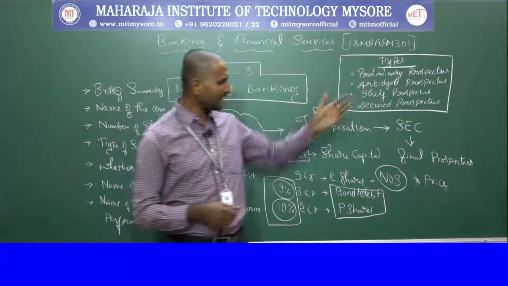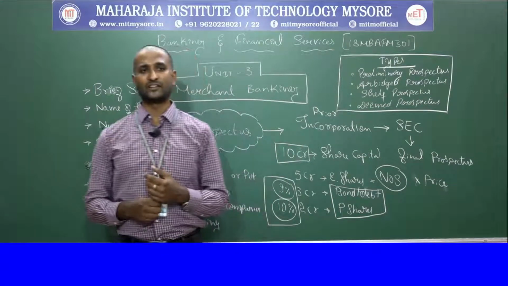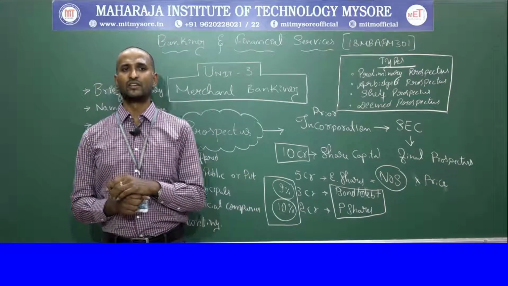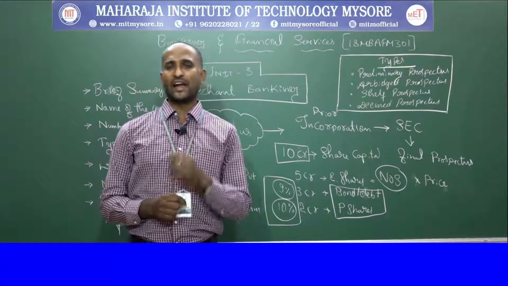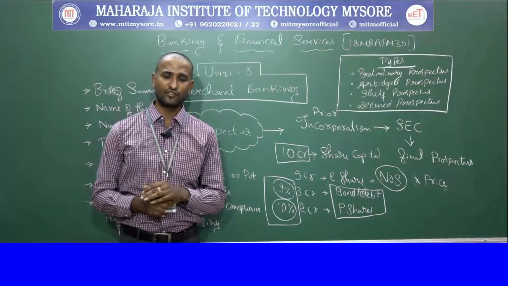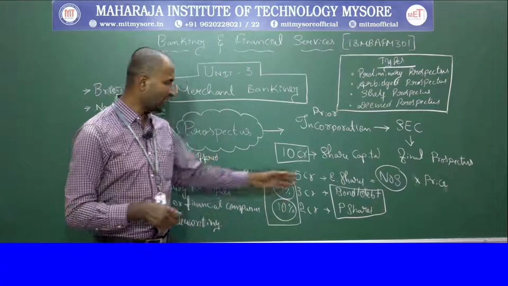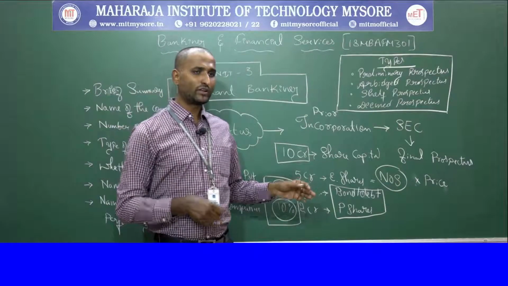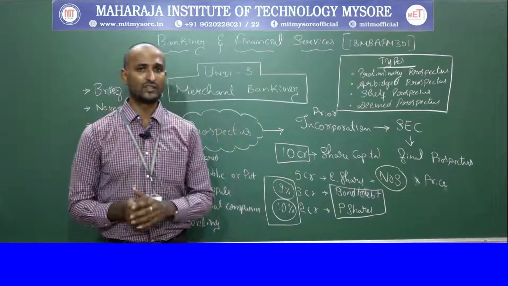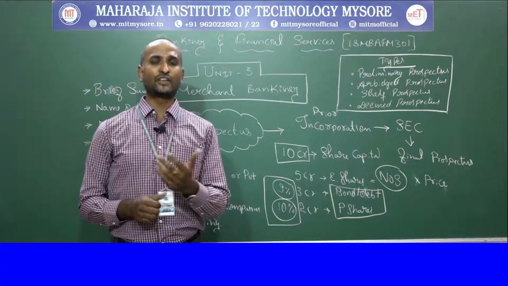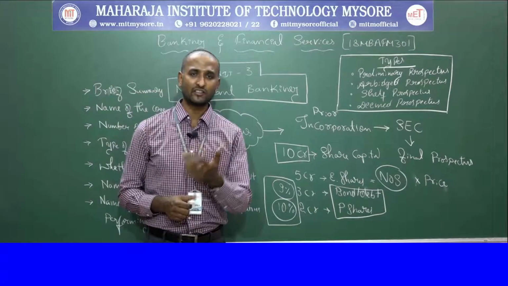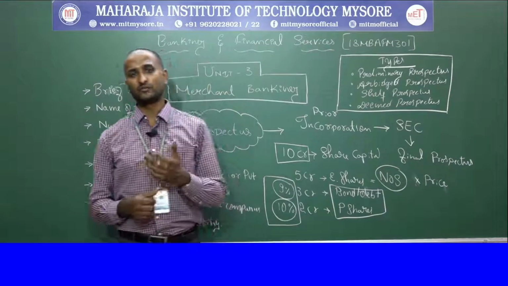Then the third type is the shelf prospectus. This refers to the shelf life of the information, and it is only relevant for 1 year or less. Immediately after 1 year, based on the performance of the company, they want to show how they are more profitable or more encouraging for investors' investment.